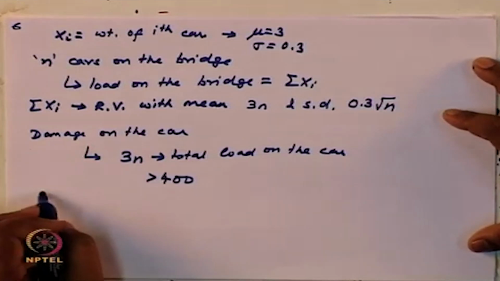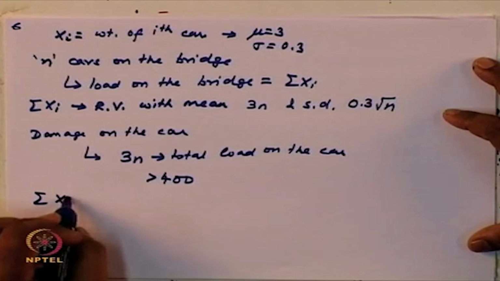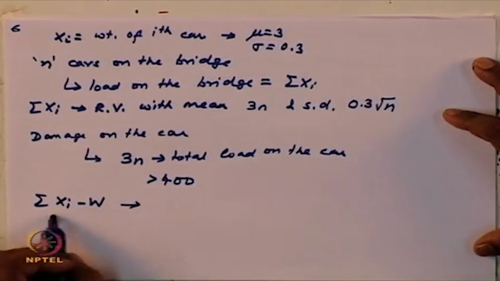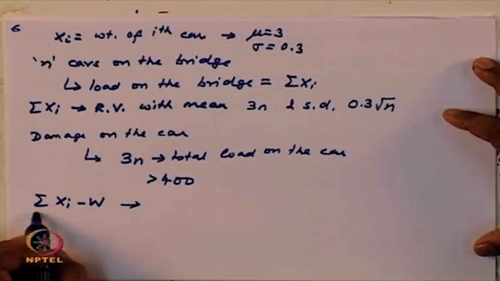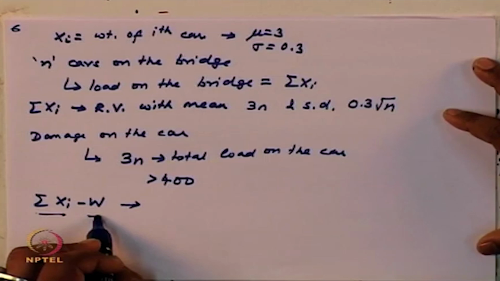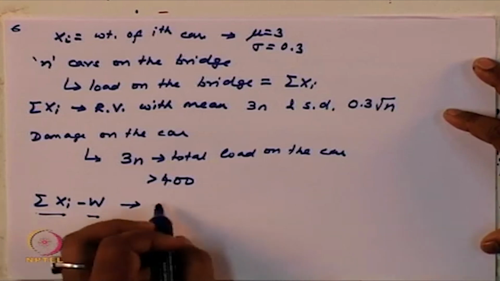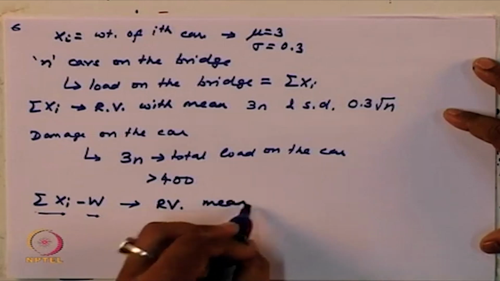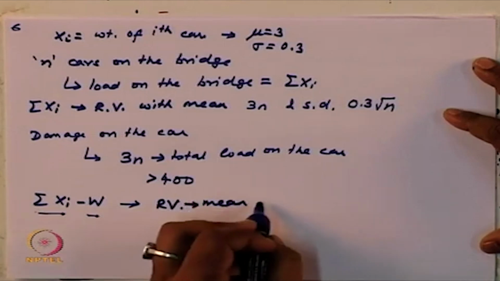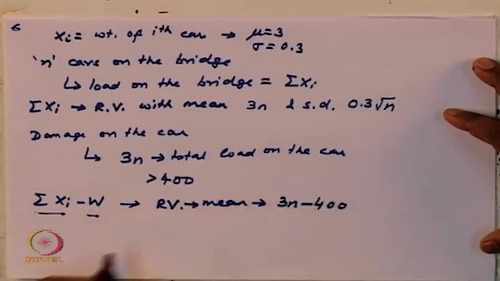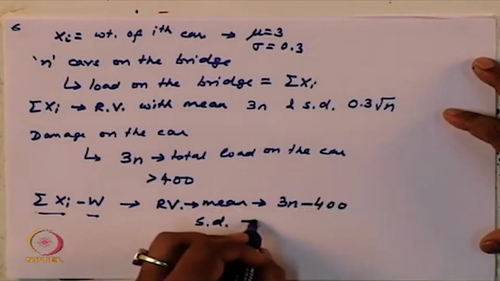Okay. So, summation xi minus w, this is the effective weight mismatch between the weight of the cars on the bridge and the weight that can be withstood, is a random variable, okay, with a mean of 3n minus 400, and a standard deviation.